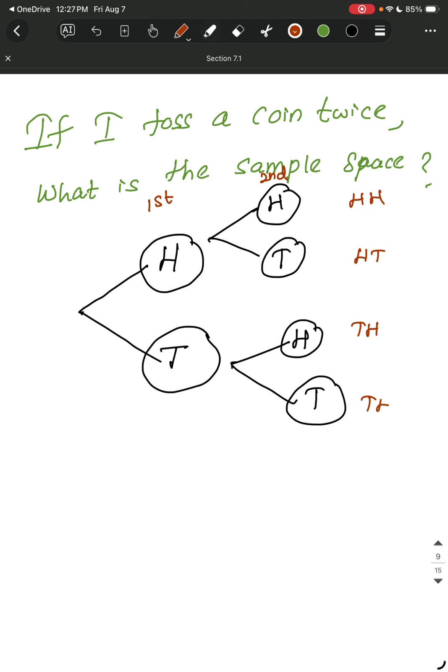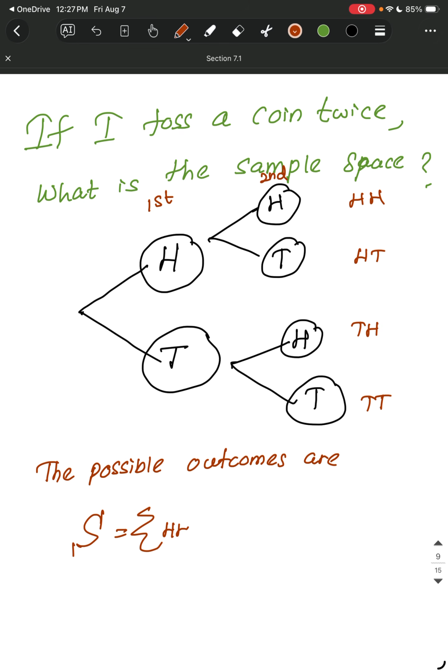So the possible outcomes are, sample space S: head head, head tail, tail head, and tail tail. There are 4 possible outcomes.